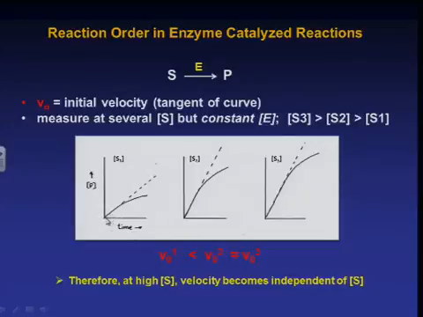So early on, you'll see this quick rise, and then it will kind of plateau. That curve, is that curve telling us the points that are being plotted on the curve, are they rate or are they concentration of product?